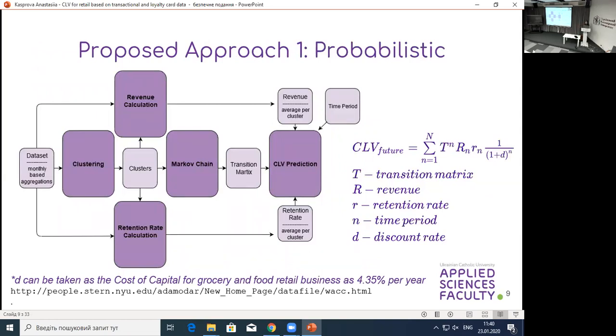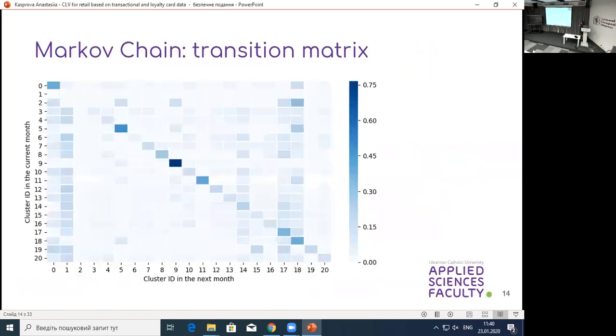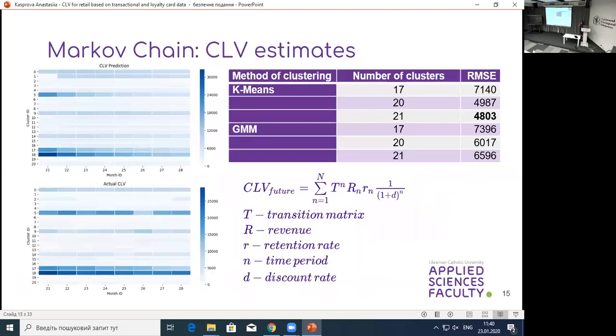I'm puzzled a little bit because on the right-hand side you have a vector or a matrix. Yeah, it's a transitional matrix. And on the left-hand side you should have a number. It will be this estimate. Here it will be a matrix, with estimates for each month.